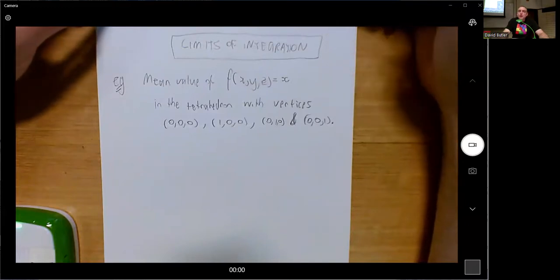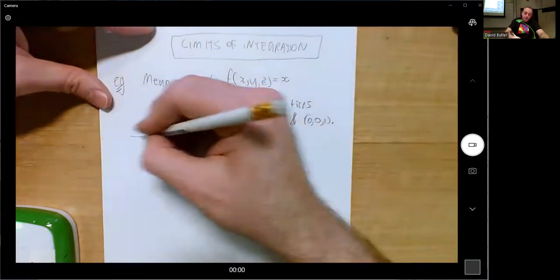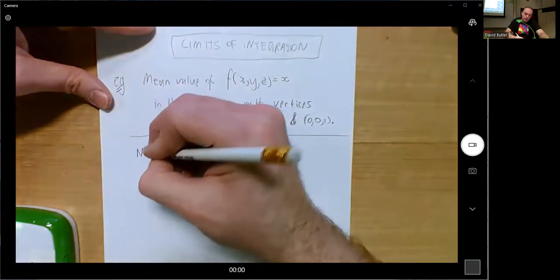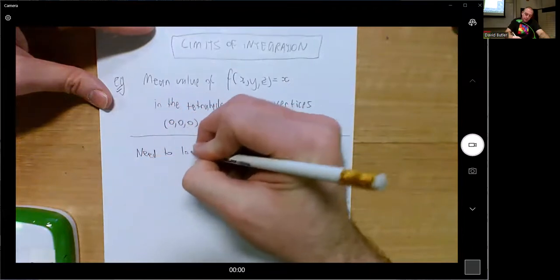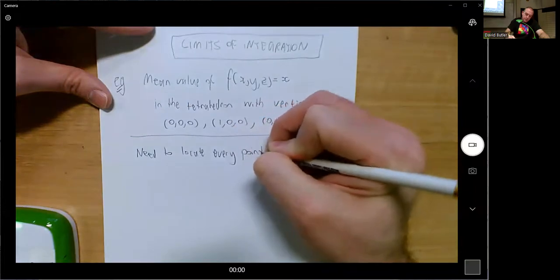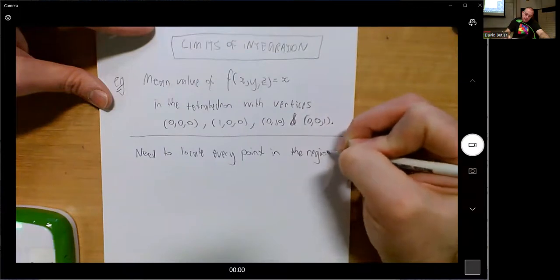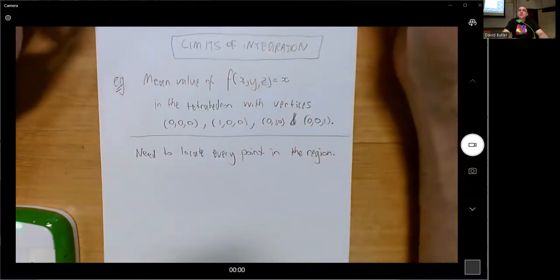When I integrate something, I'm going to need to do two things. I'm going to need to locate every point in the thing I'm integrating across. That is the first and most important thing I need to do. I need to locate every point in the region.